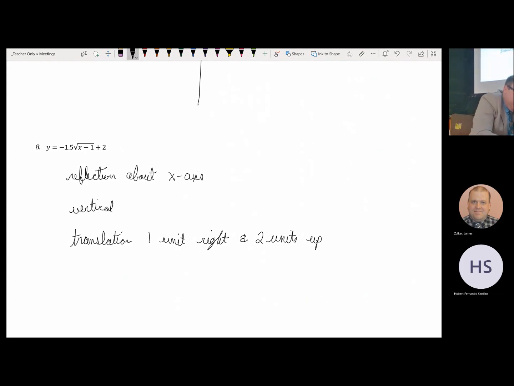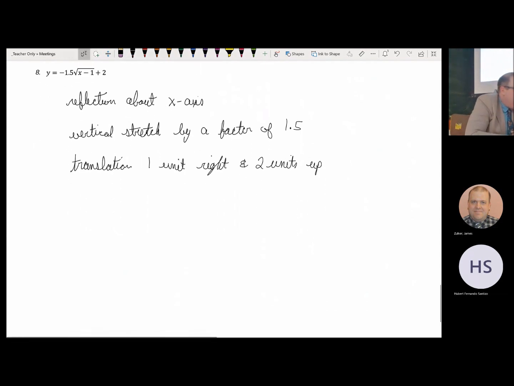What's the factor? By 1.5. So it's going to be stretched vertically by a factor of 1.5. Oh, this will be fun.